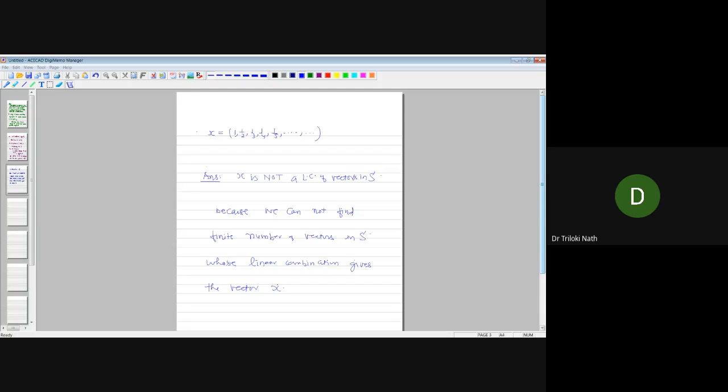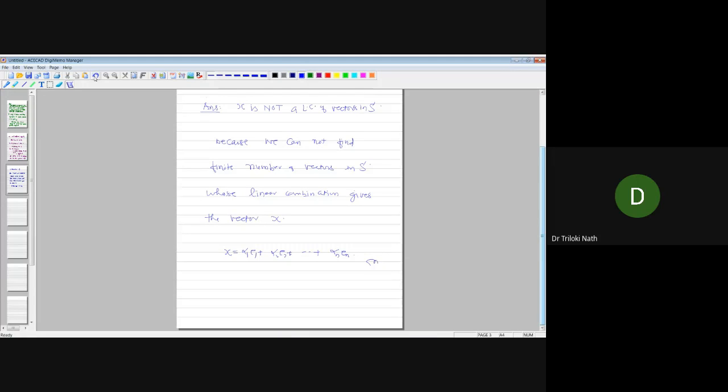So suppose x is alpha 1 E1 plus alpha 2 E2 plus ... alpha n En, for some n belonging to the natural numbers. Then x must be alpha 1, alpha 2, alpha 3, and so on, alpha n.